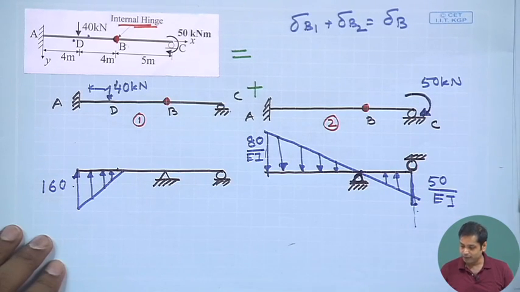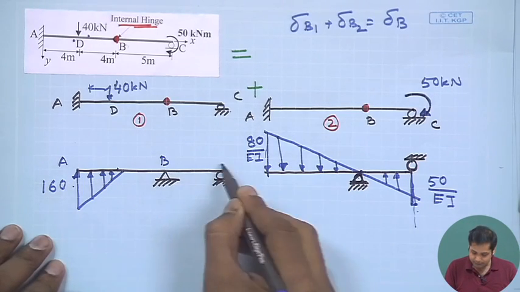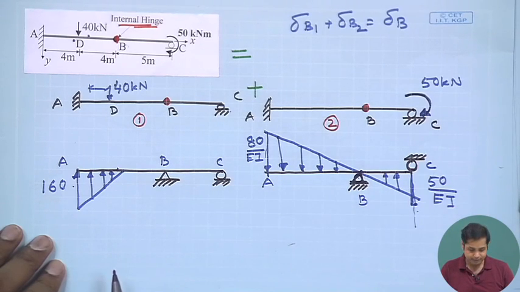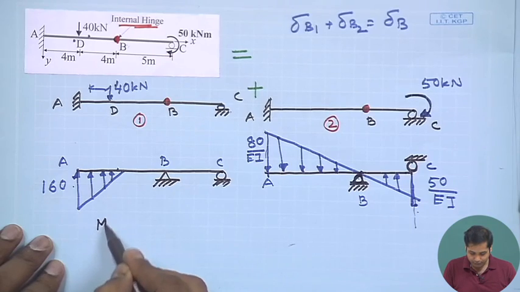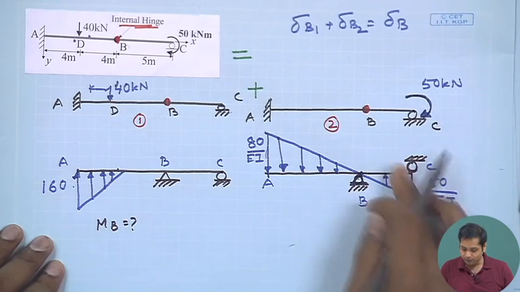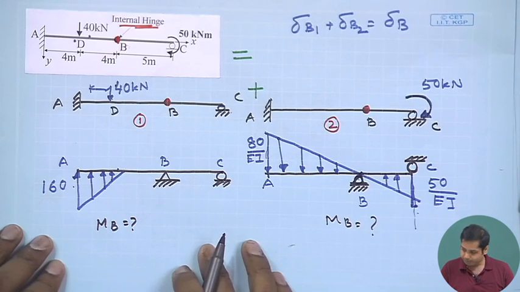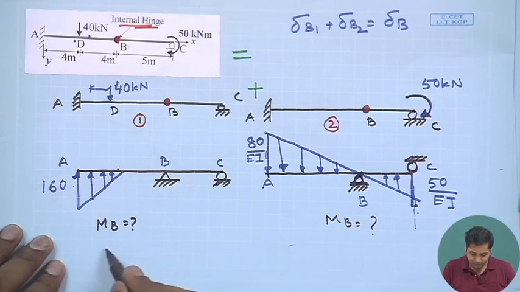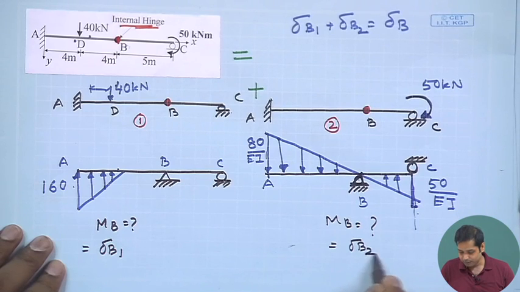Let us take A, B and C. We need to find the bending moment at B, MB, here, and from this also we need to find MB. This MB will give us delta B1, and this will give us delta B2.